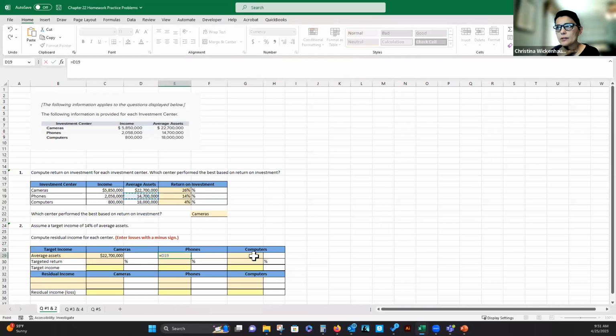And for computers, it's going to be the 18 million. And then we're going to say our target, and they tell us what the target is. It is 14%. So we're just going to put 14 all the way across. And so our targeted income, if we multiply that, equals average assets times our targeted income.